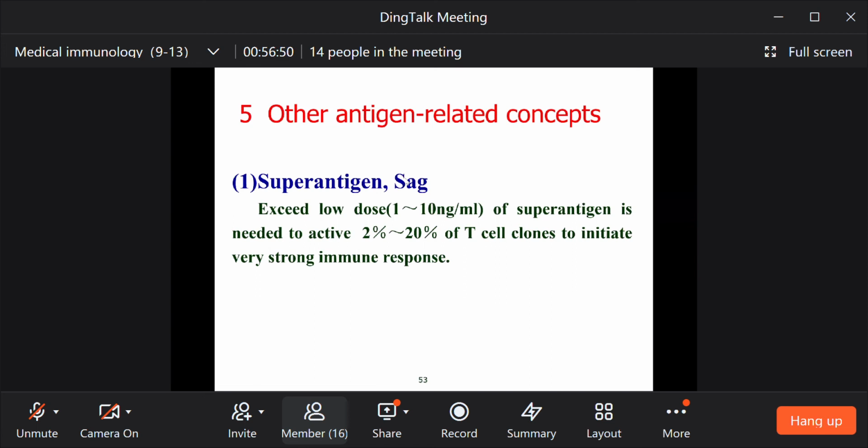We can see the number, 2% to 20%. How to say this? It's a very large range of T cells, and it will induce a very strong immune response. How to understand it?